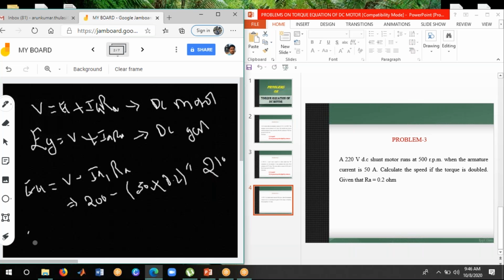Next, find the EB2 value. EB2 equals V minus IA2 RA.